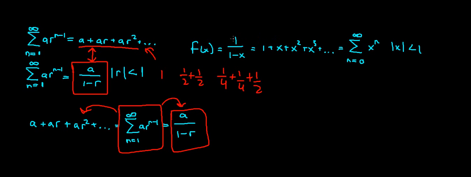So I could write the function like this, or I could think of it as 1 plus x plus x squared plus x to the third all the way to infinity, and it can be written just like this instead. And of course this is assuming that it is convergent, where the absolute value of x is less than 1.